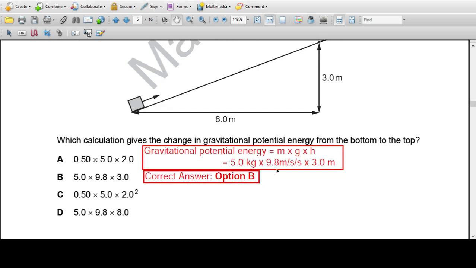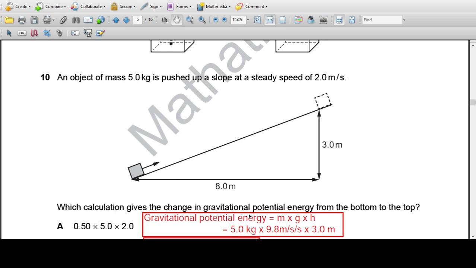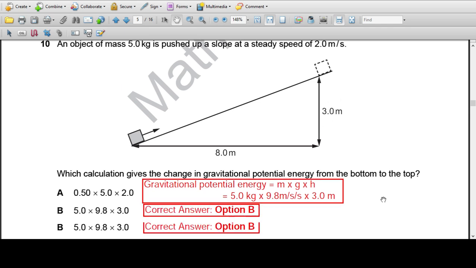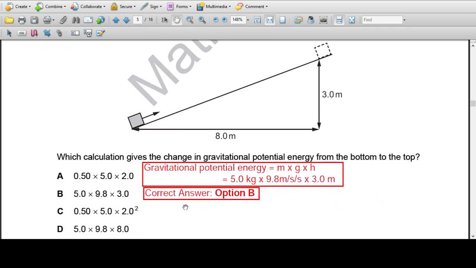Here the mass is 5 kg, the gravity is 9.8 meters per second squared, and the height change from the bottom to the top is 3 meters. So this option is correct, which is option B.